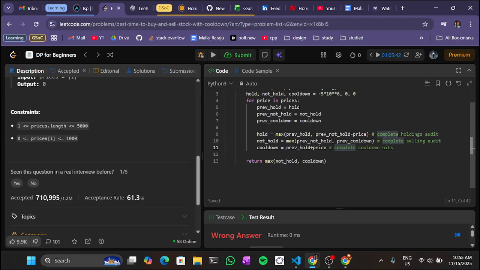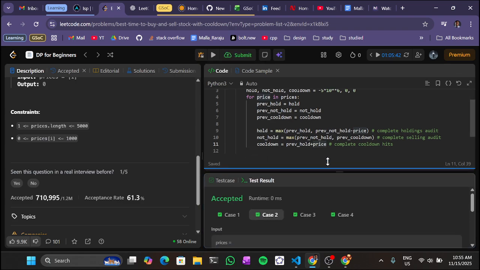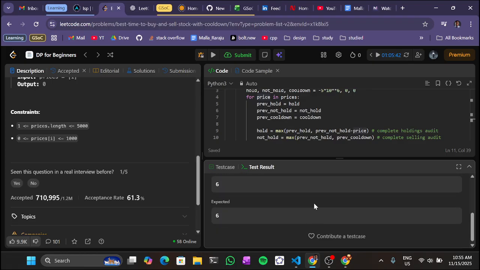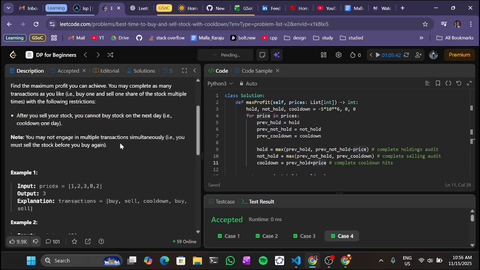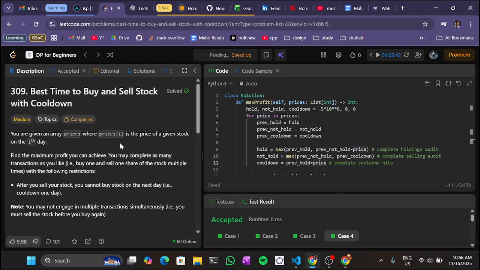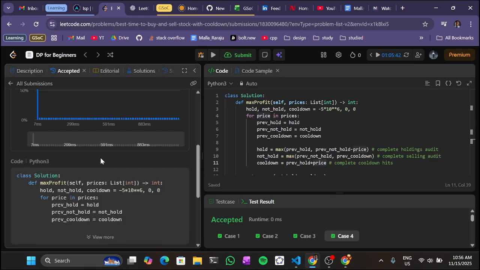So what we are trying to do is, we are holding something previously and we are selling it now. So let's submit this and see. We have a few more to confirm.